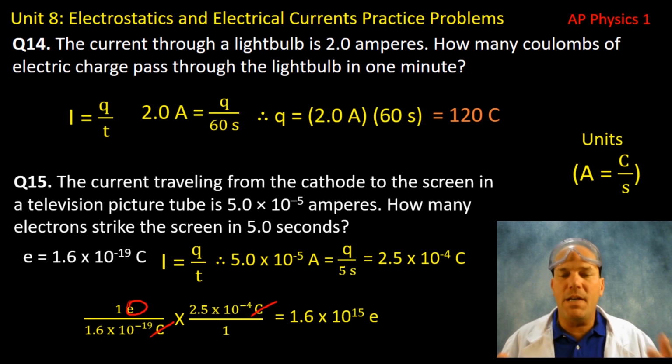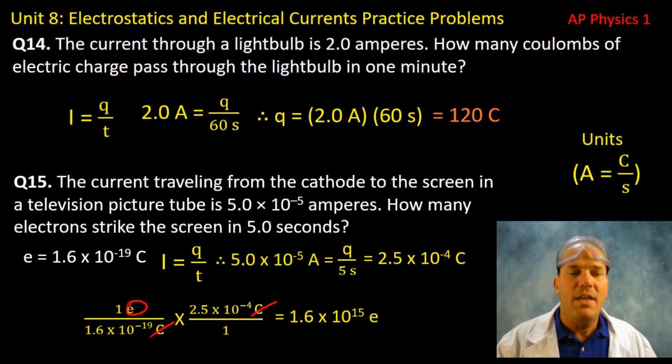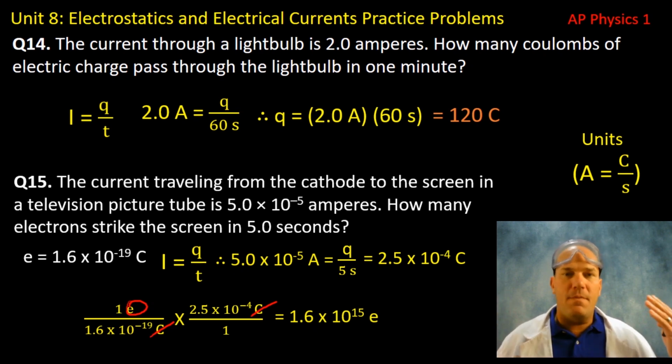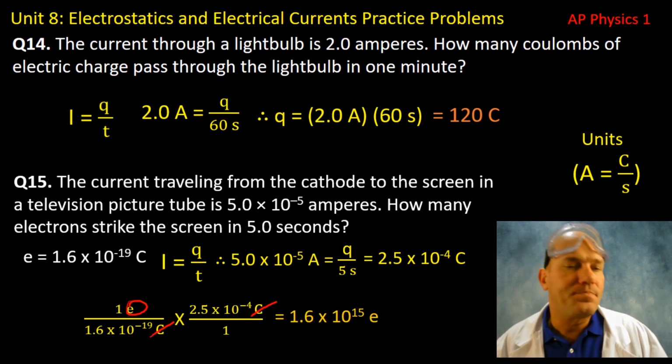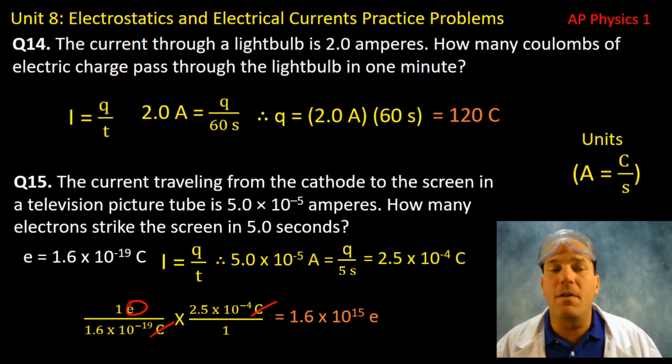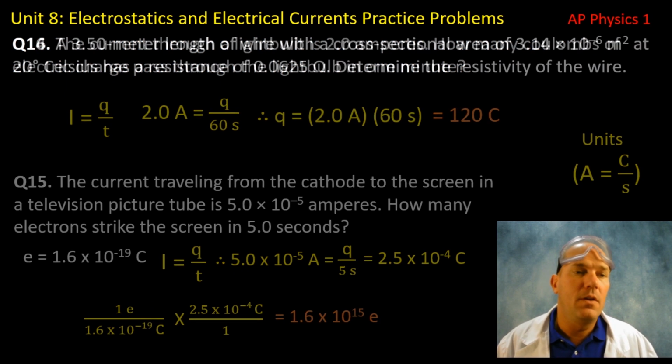We have 1.6 times 10 to the 15th electrons striking the screen in 5 seconds. So that's going to be our final answer for question 15.